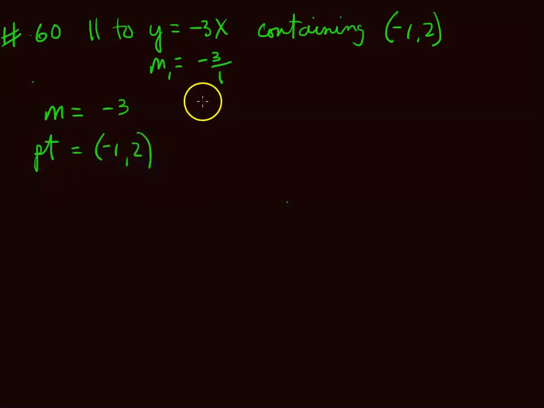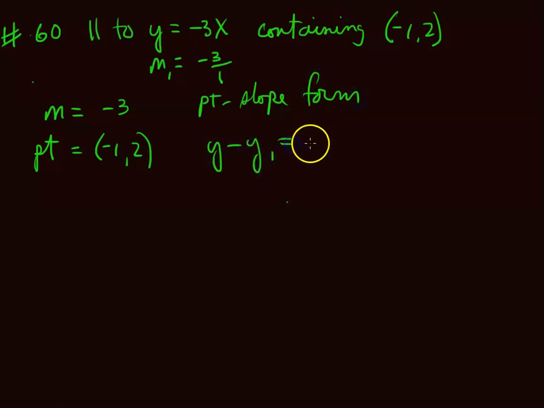We're going to use it in the point-slope form. y minus y sub 1 equals m times the quantity x minus x sub 1. And you might say, why are you writing all that stuff down? This is going to help me when I come back and look at this and say, that's the question. I want to find the equation.